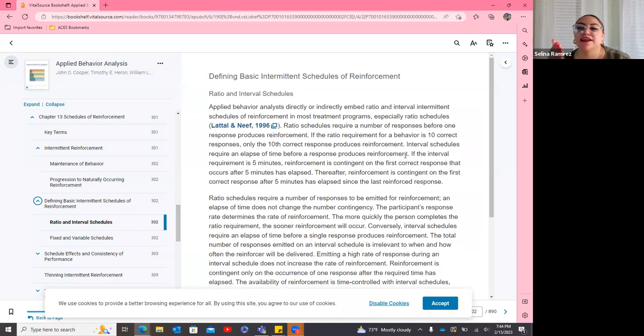Okay, so let's say it's a fixed interval of 1, then that's going to be a fixed interval of 1 minute. If it's a VI 1, then it's going to be a varied interval of approximately 1 minute.